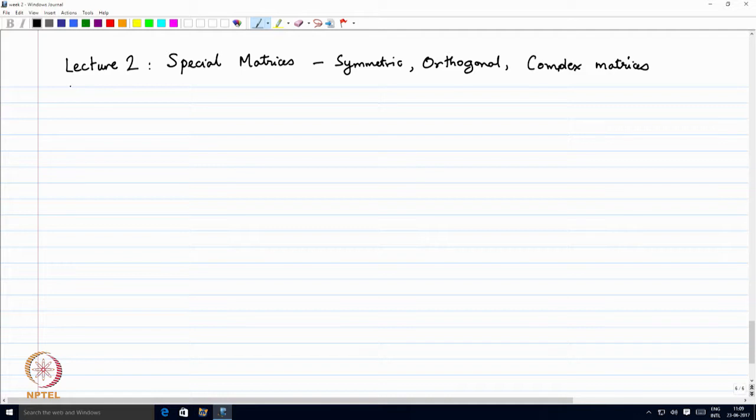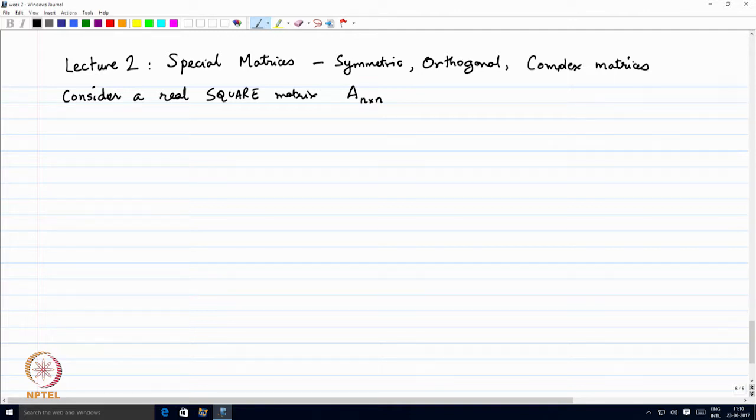So, first let us consider a real square matrix A, n cross n. So, it has n rows and n columns, so it is a square matrix. The number of rows and columns is the same.